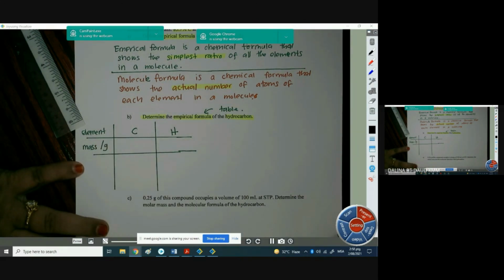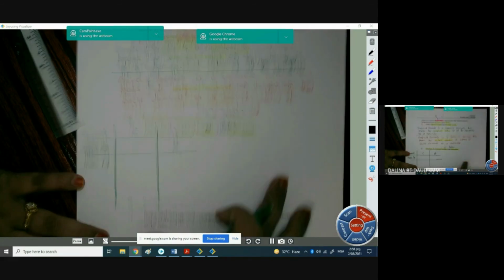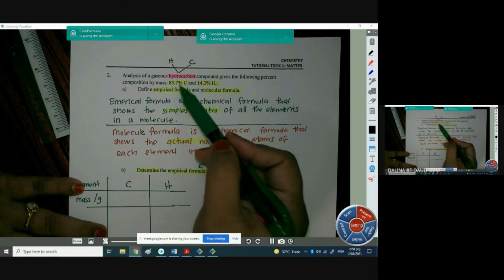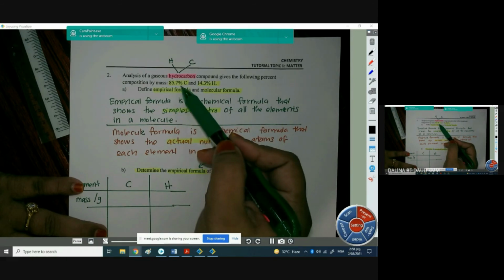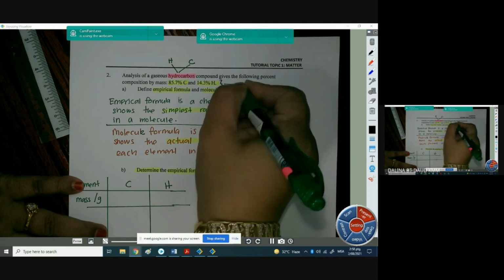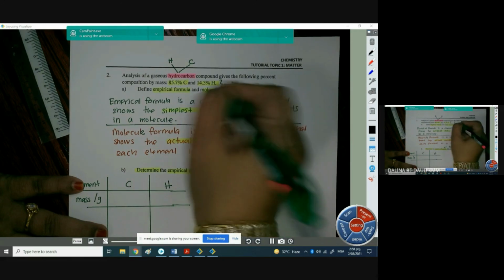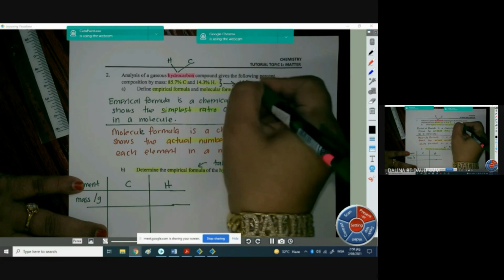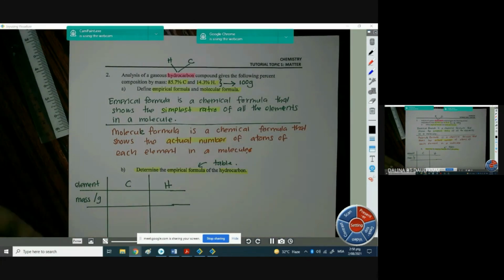Since our data is in terms of percentage, we assume the percentage refers to 100 gram of hydrocarbon.